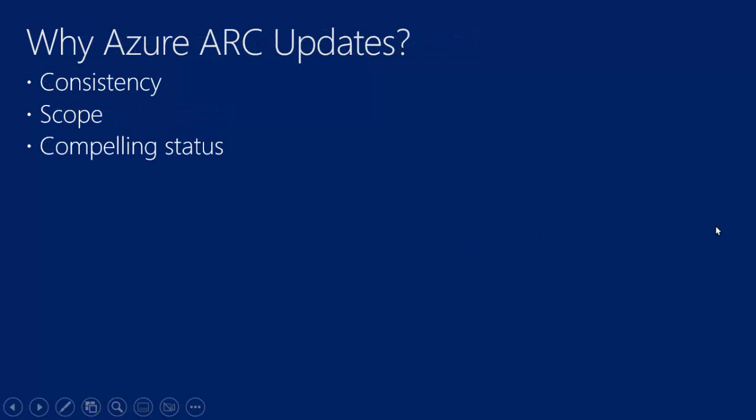And that is one of the reasons why we care about it, being able to bring the consistency. So if you've gone to the effort to establish an update process for those virtual machines running in Azure, then you can now extend that process to machines running outside of Azure. And that would go for all the other Azure Arc capabilities for servers.